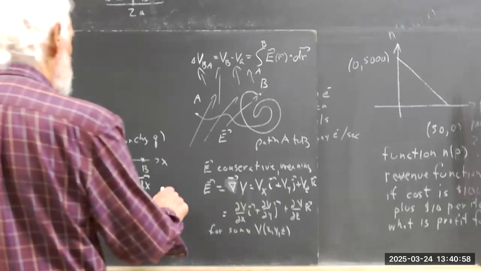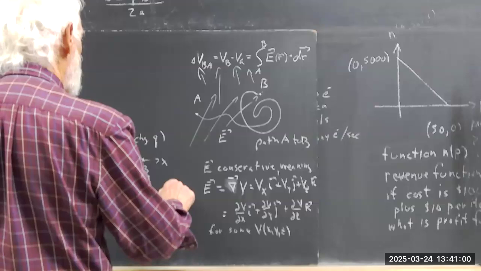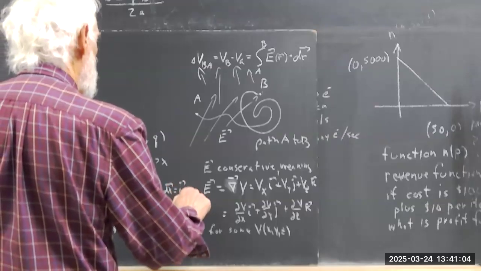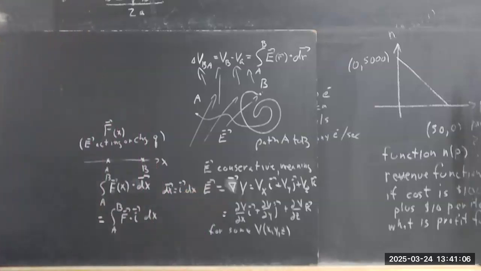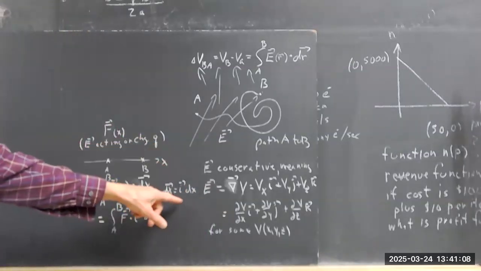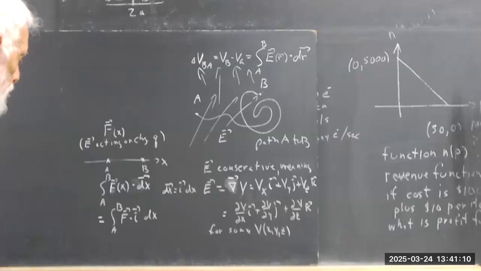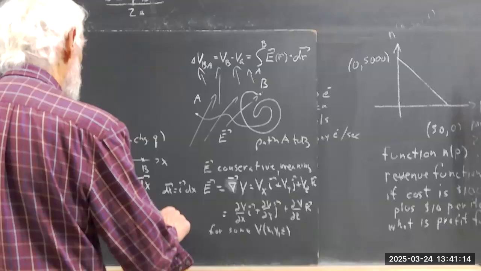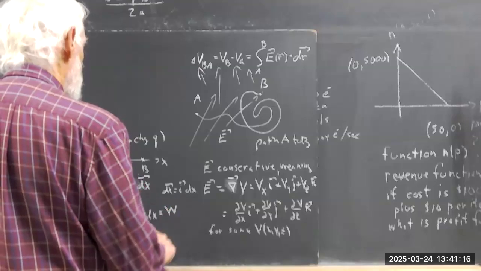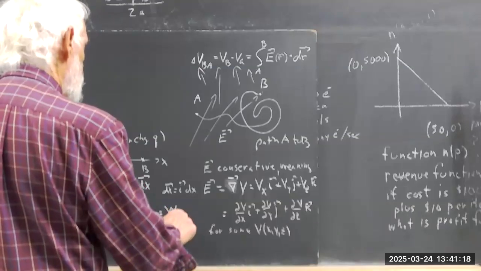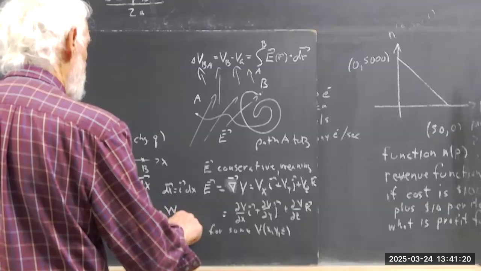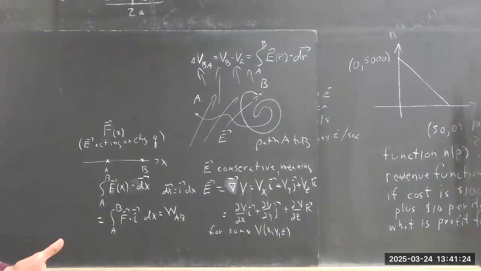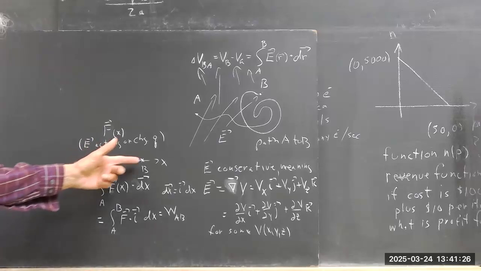Now dx with an arrow. Okay, so if you're moving along the x-axis, just F dx. That's the work done. Okay, does that make sense? Just integrating a force here.